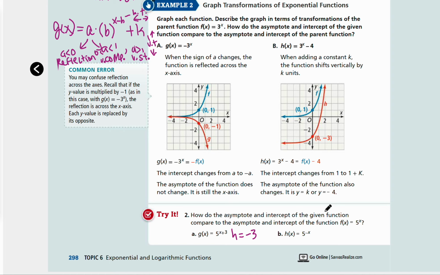And then, if you want to check, you can also check the points where f of x is equal to 5 to the x. Your points here would be -2, 0.04; -1, 0.2; 0, 1; 1, 5; 2, 25, and so on.